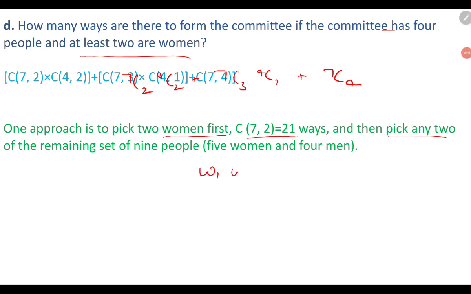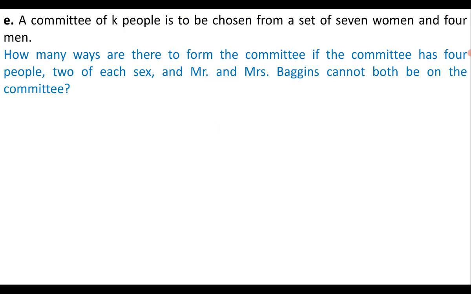Let's say you pick W1, W2 first, and out of the remaining you pick W3 and M1. But in the other case, let's say you pick W1, W3 and the remaining 2 would be W2, M1. These two committees are the same. So this is the most important observation, that when we are computing the total number of outcomes, we need to avoid the repetition.